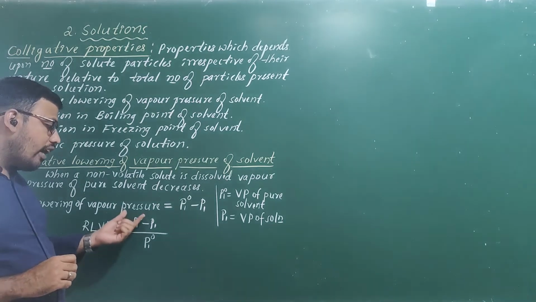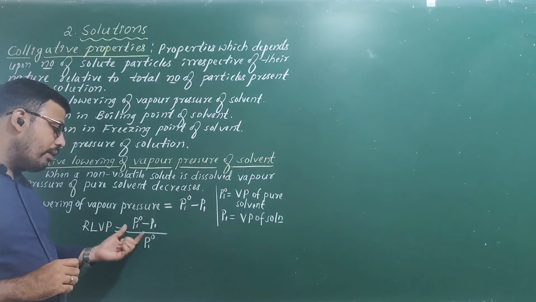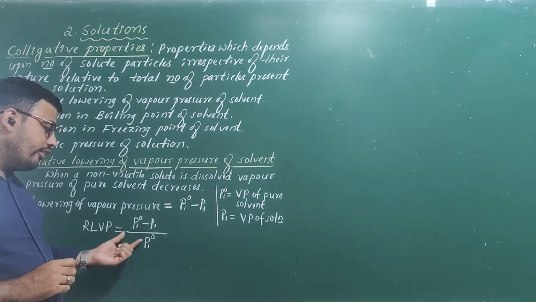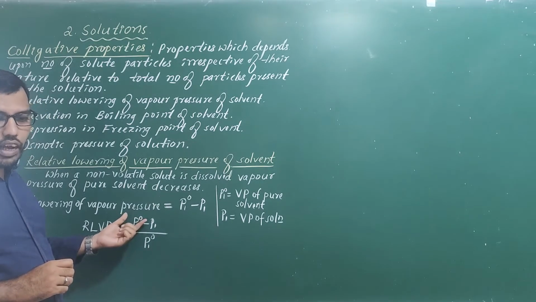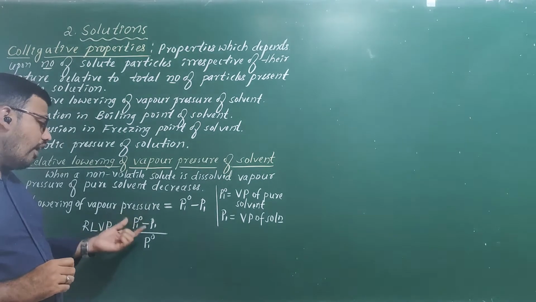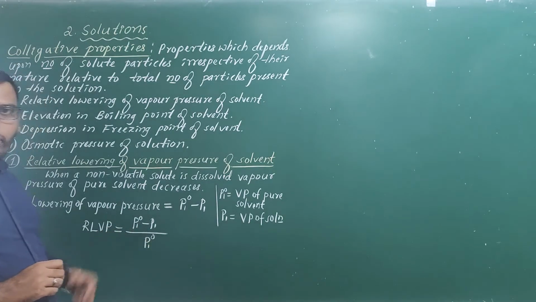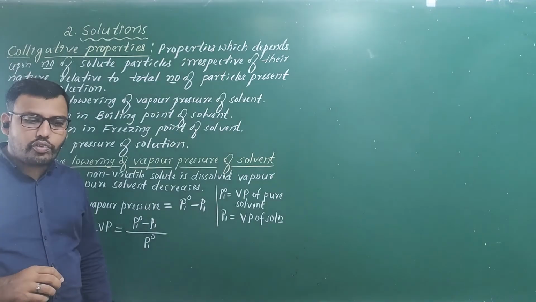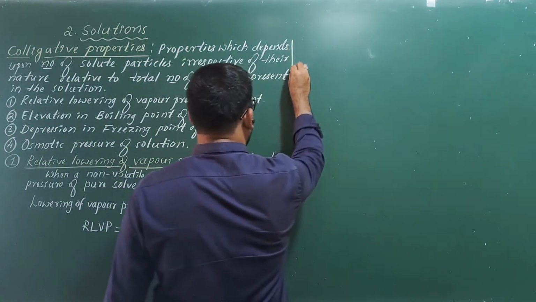It is the ratio of lowering of vapor pressure of the solution to the vapor pressure of pure solvent. So this ratio is called relative lowering of vapor pressure.